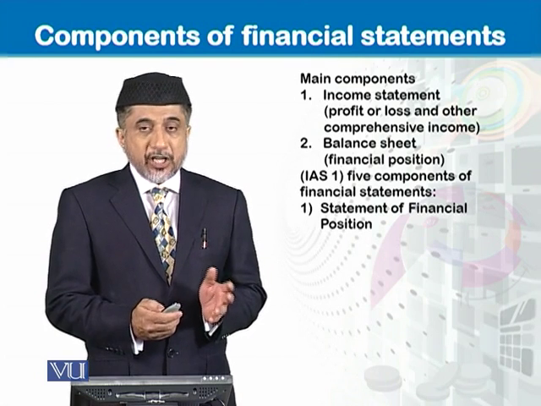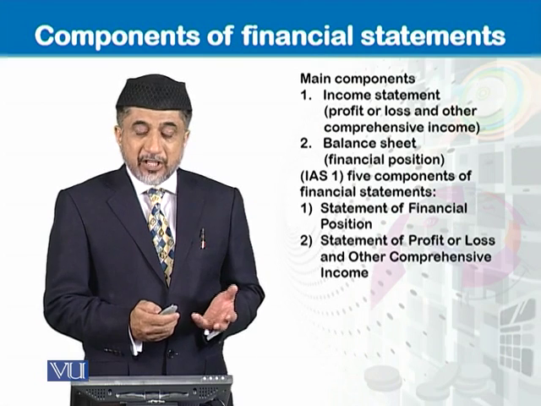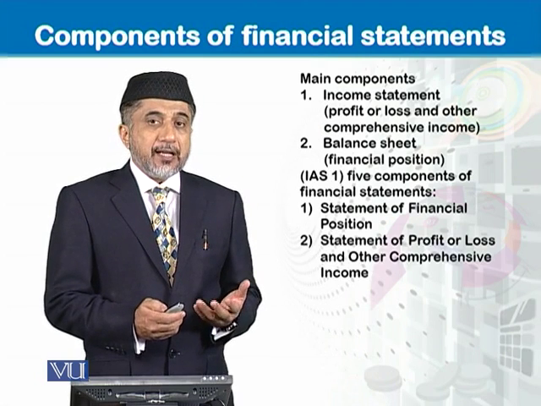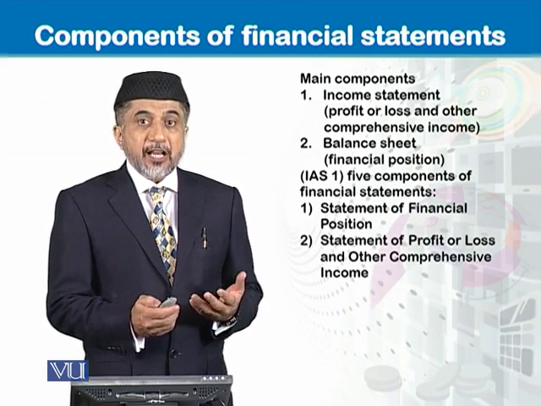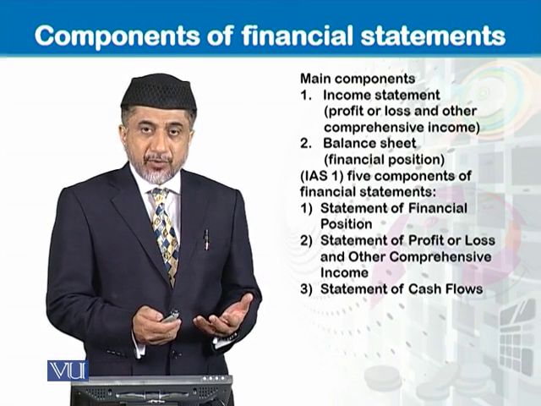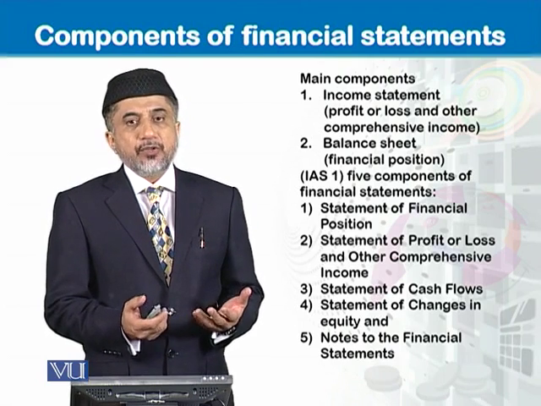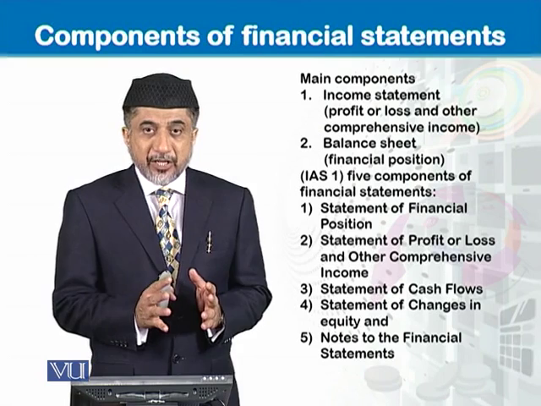One is statement of financial position, which is in fact the balance sheet. Statement of profit or loss and other comprehensive income, which is in fact the income statement. Then statement of cash flows, statement of changes in equity, and notes to the financial statements. These are the 5 components.